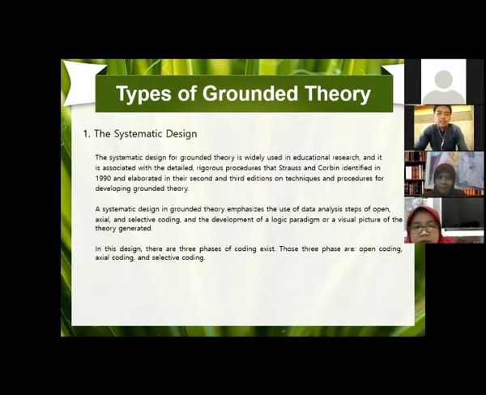Those three phases of coding are open coding, axial coding, and selective coding, and I will talk about them in the next slide. But to sum up, I want to emphasize that this systematic design, as its name says, is systematic, of course.